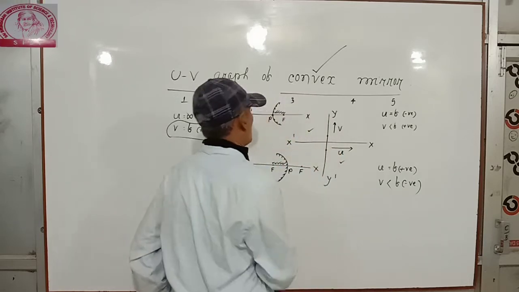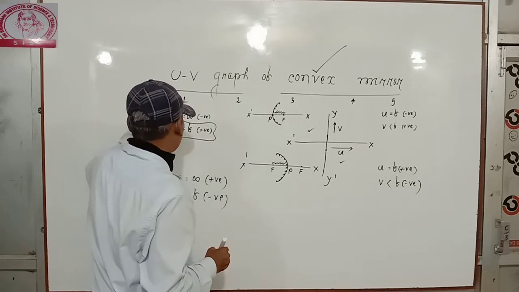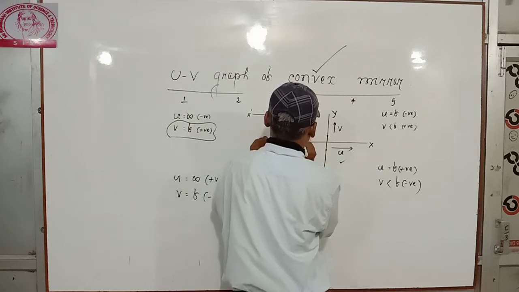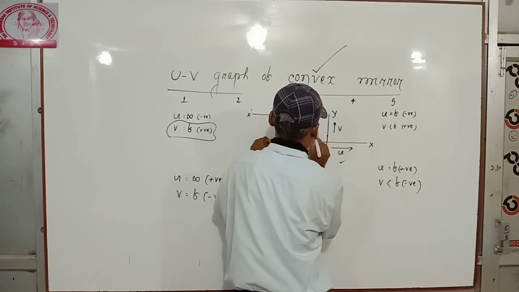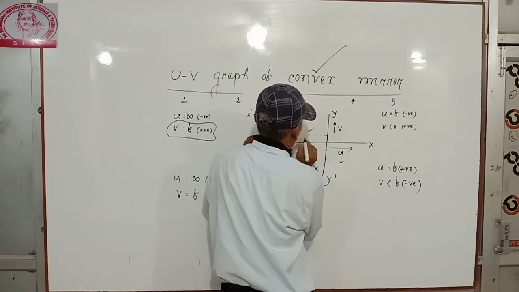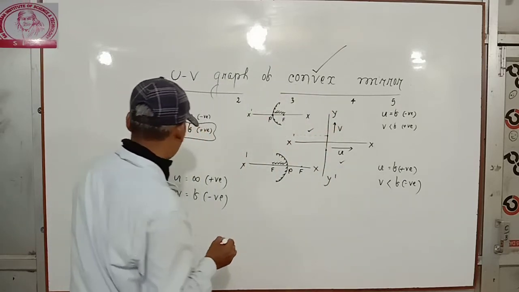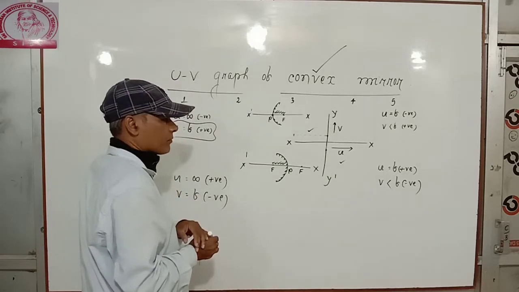Now, when U is infinity, in this case the maximum value of V is F, not infinity.